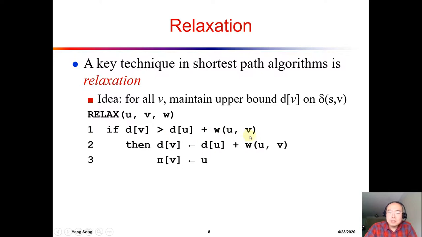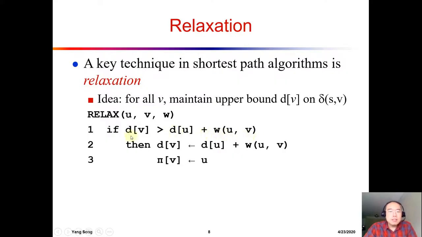Okay, so if d[v] is greater than d[u] plus the weight of (u, v), what does this mean? It means we can get to node v with a d[v] cost, and we can get to u with the cost of d[u]. In addition, we have a path from u to v, and the weight is w(u,v).